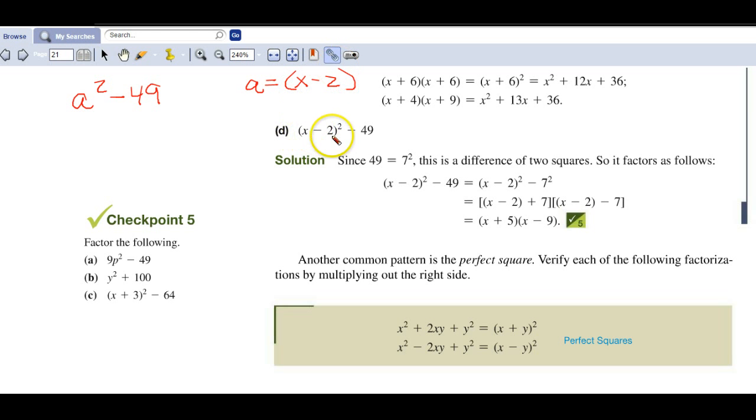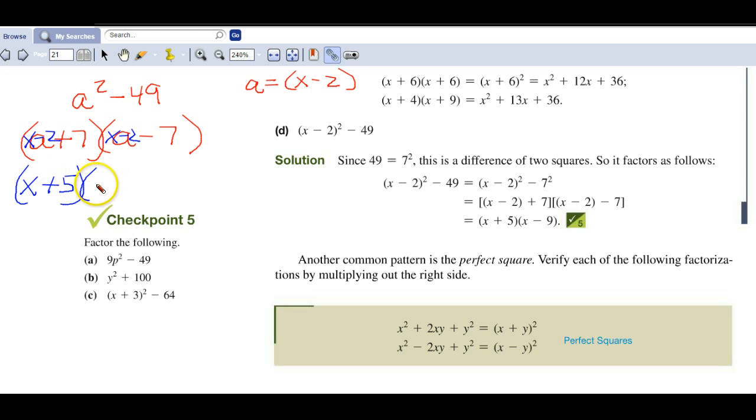We can substitute for x minus 2 an a, and then this will factor into a plus 7 and an a minus 7. But what did we say a was? Well, a was x minus 2. Now we get x plus 5, x minus 9.